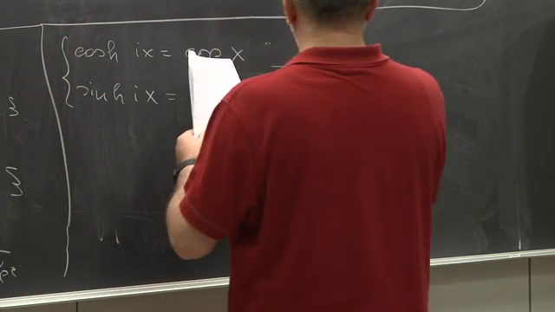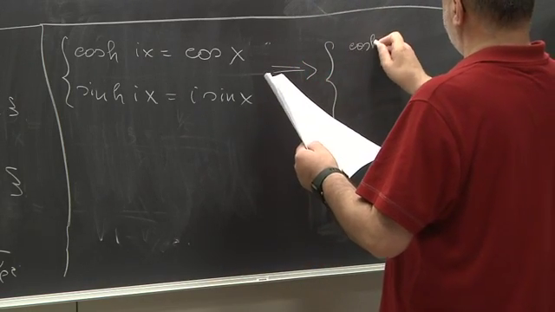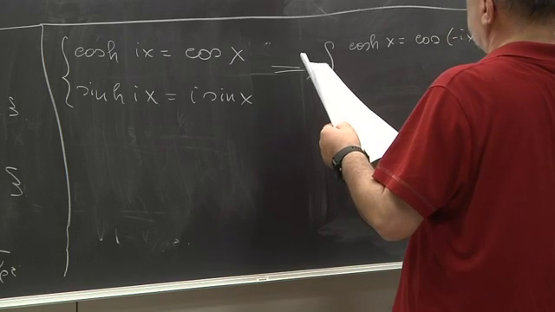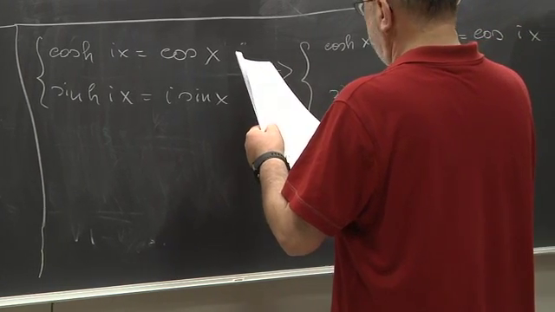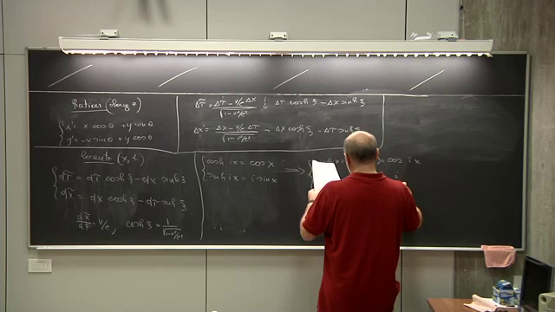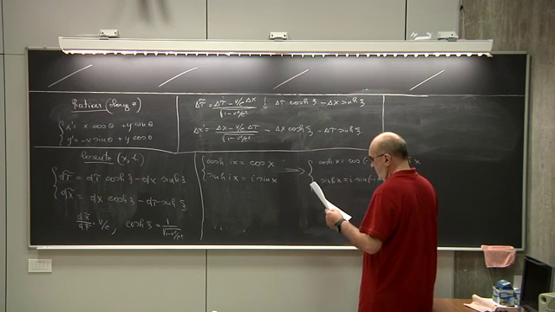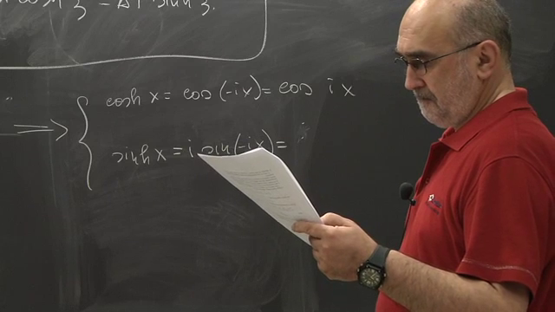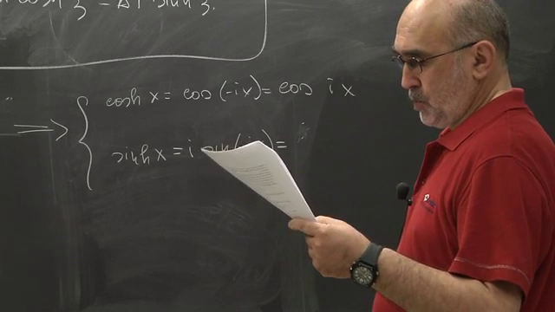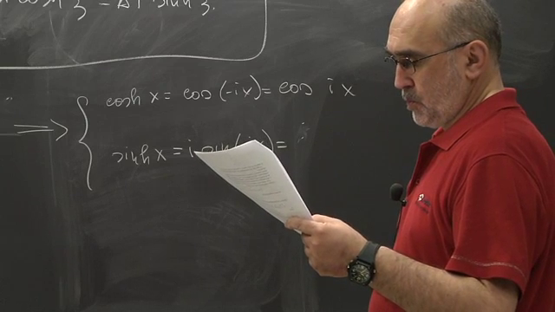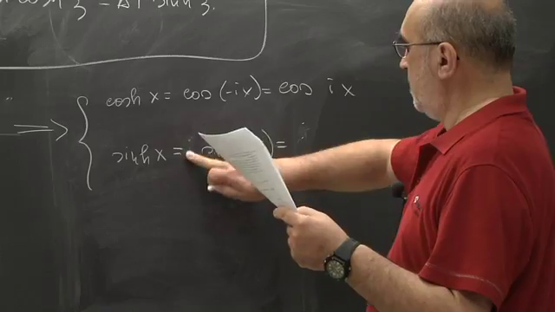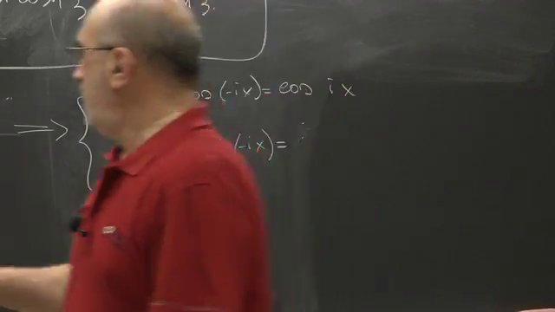Then from here, it's easy to see that cosine hyperbolic of x is equal to cosine of minus ix, and this is cosine of ix, and sine hyperbolic of x is equal to i sine of minus ix. What did I do here? Let's see.